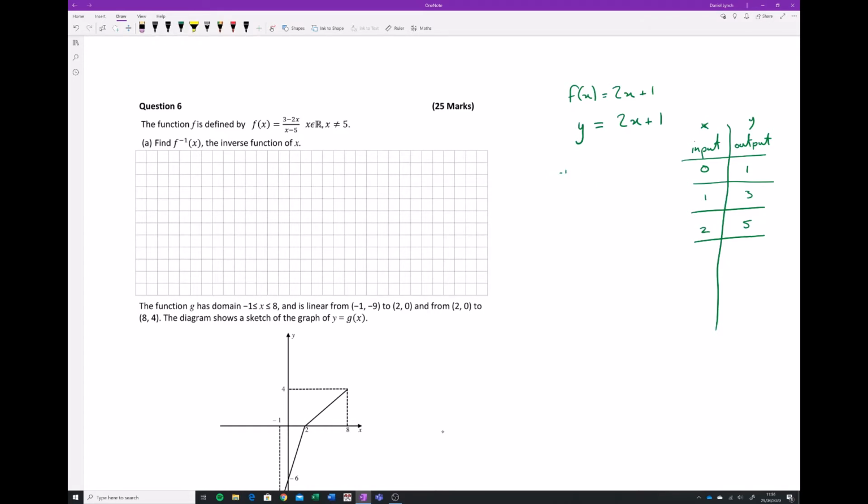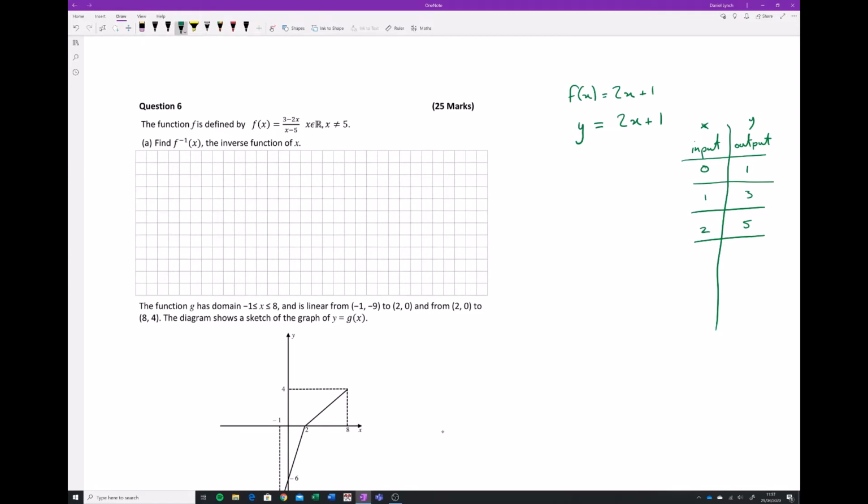One thing you can get confused about is immediately saying, maybe the inverse function just means 1 over 2x plus 1. That is certainly not a bad guess if you've never seen it before, but that is not what it means.